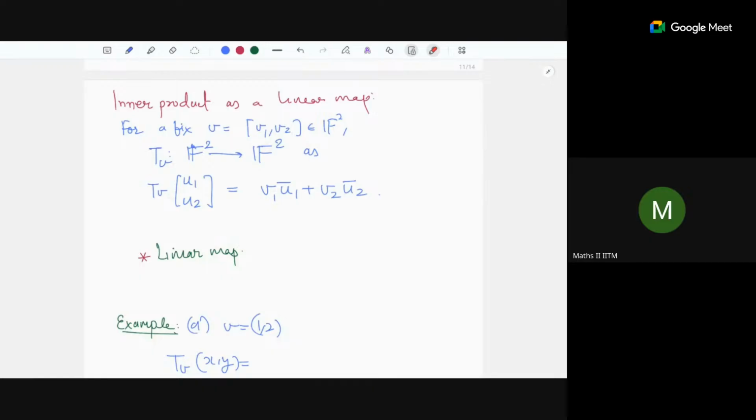Yeah, so it's a linear map from F2 to F, right? It's a linear map from F2 to F. How is it defined? You take a vector in F2 and you perform the dot product and you get this. Now let's see whether it is a linear map or not.